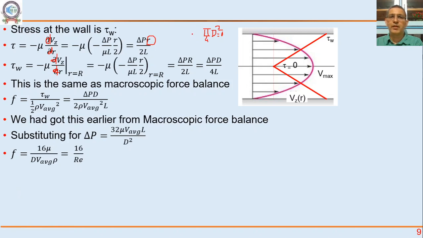Delta p multiplied by pi by 4 d square, that is the pressure force, must be equal to the force at the wall, tau w multiplied by pi d l.